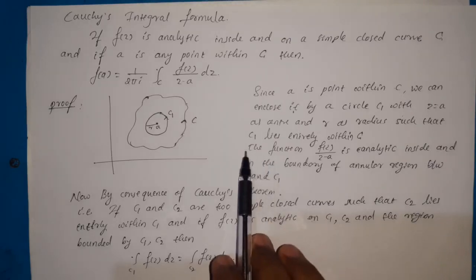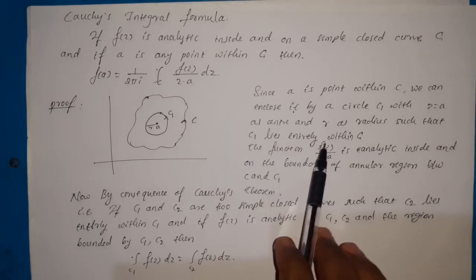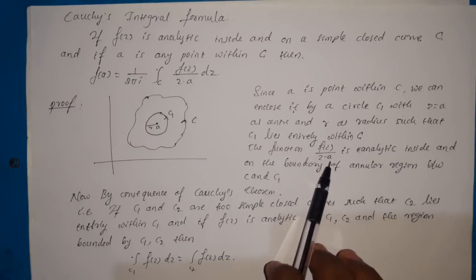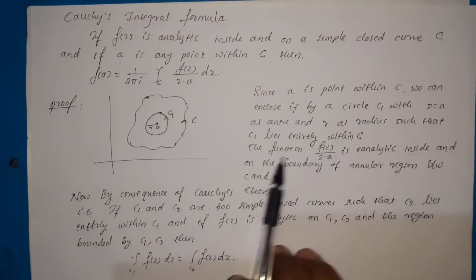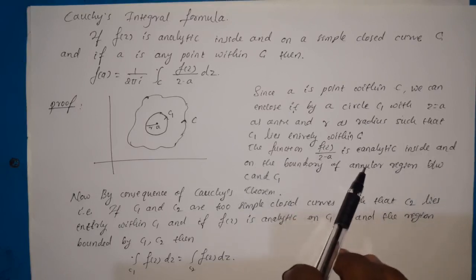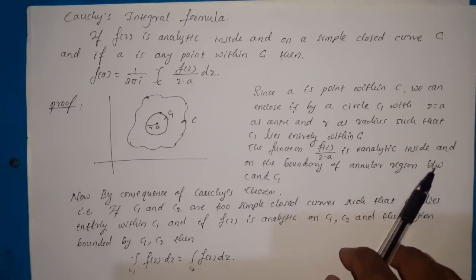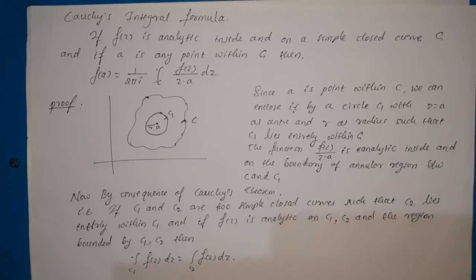Now, consider the function f of z divided by z minus A. It is analytic inside and on the boundary of the annular region between C and C1.